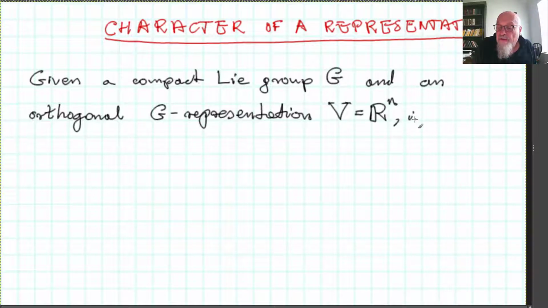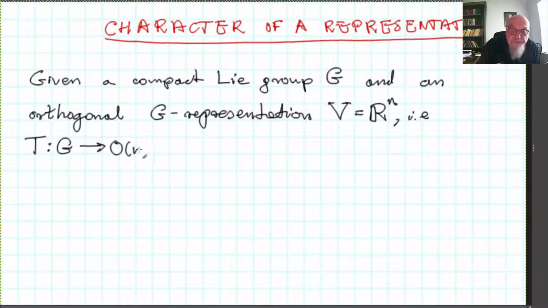So, in other words, for this particular representation, there is a homomorphism. This is a smooth homomorphism that goes to O(n).